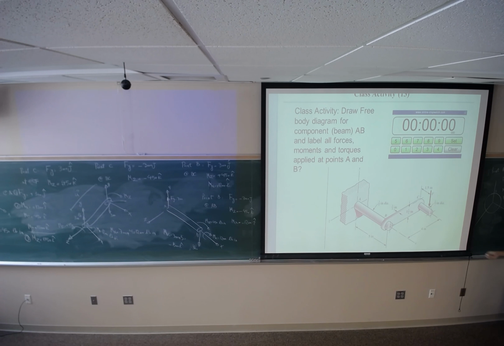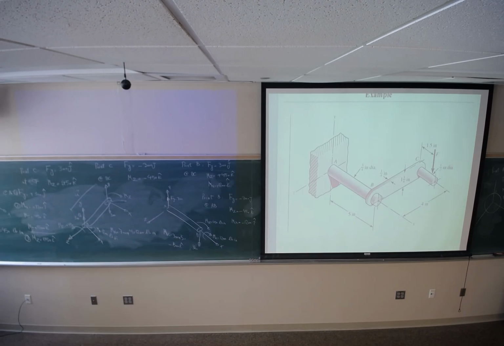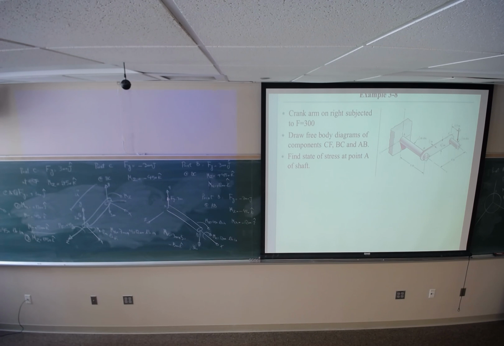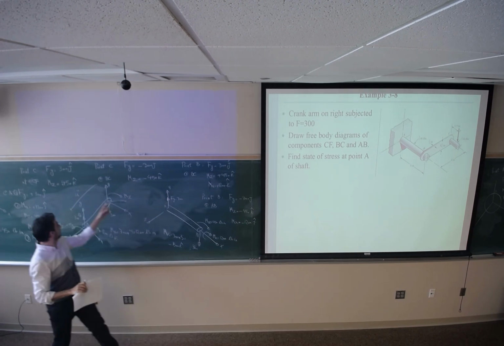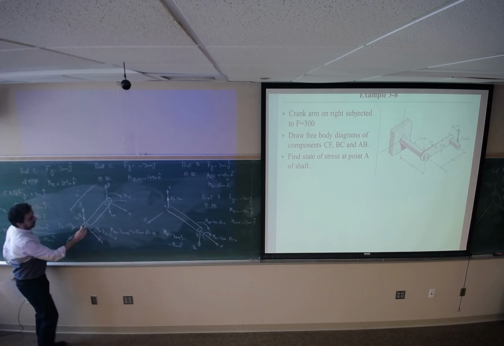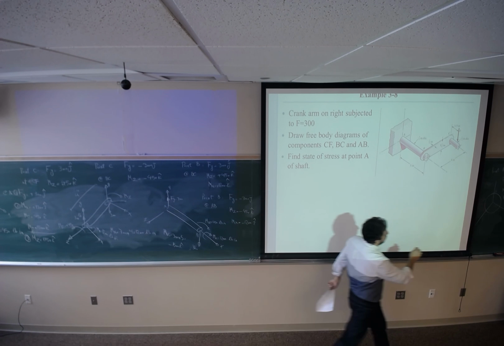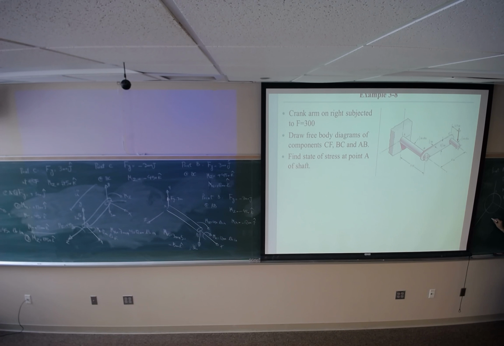Now back to the second part. We would like to find the state of stress at point A of the shaft. These are the forces applied to point A. Now we would like to find the stress at this point.